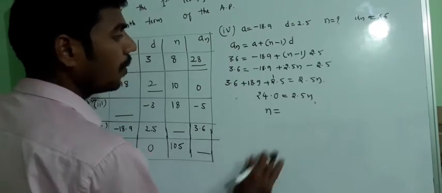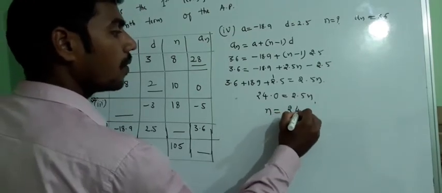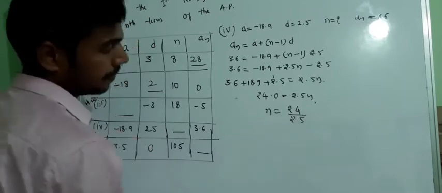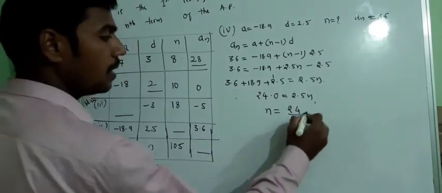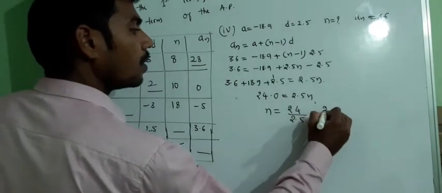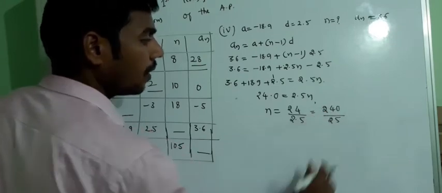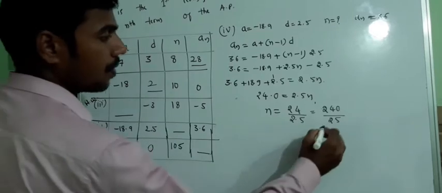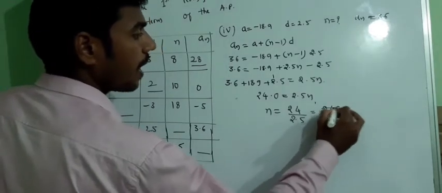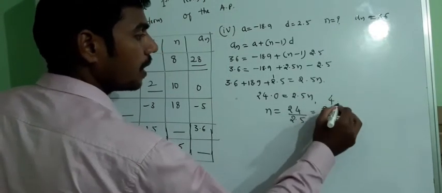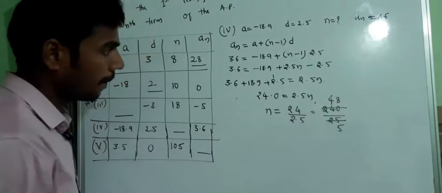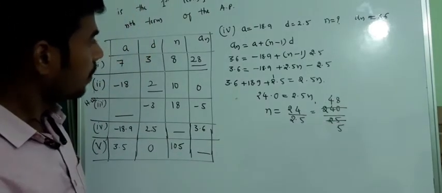is equal to 24 divided by 2.5. So or else we can write 240 divided by 25. So 5 5s are 25, 5 4s are 20, 5 8s are 40.